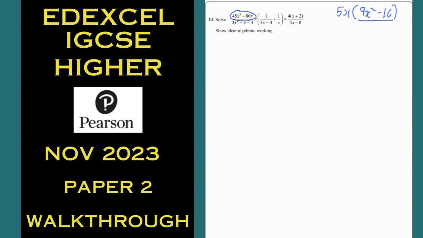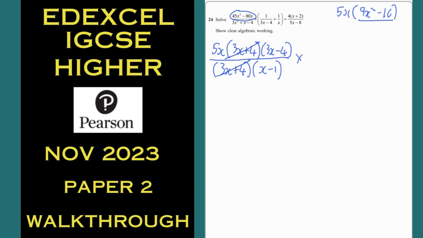So when you factorise the top left numerator, you can jump to taking out the 5x and being left with 3x plus 4 and 3x minus 4. All over, let's factorise the denominator. We get 3x plus 4, they're gone, and x minus 1.